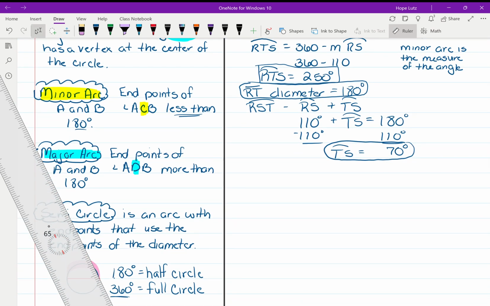All right, so you're going to do a try it on this. So we're going to draw another circle. Oh, I don't like it when they come out to be ovals. Let's try that again. All right, there is our circle. We're going to label it.